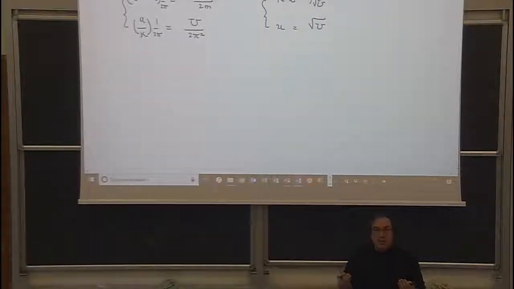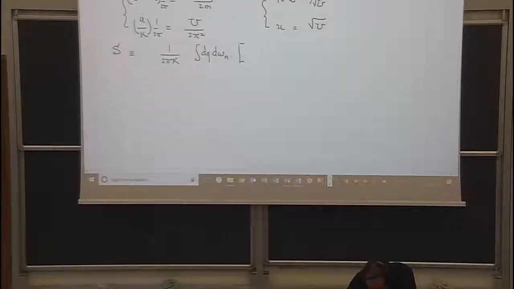We know how to diagonalize the Hamiltonian because the Hamiltonian, or the action in Fourier space, is just 1 over 2 pi K sum over dq d omega n, and then this is 1 over u times omega n square plus u k square times phi star k omega n, phi k omega n.